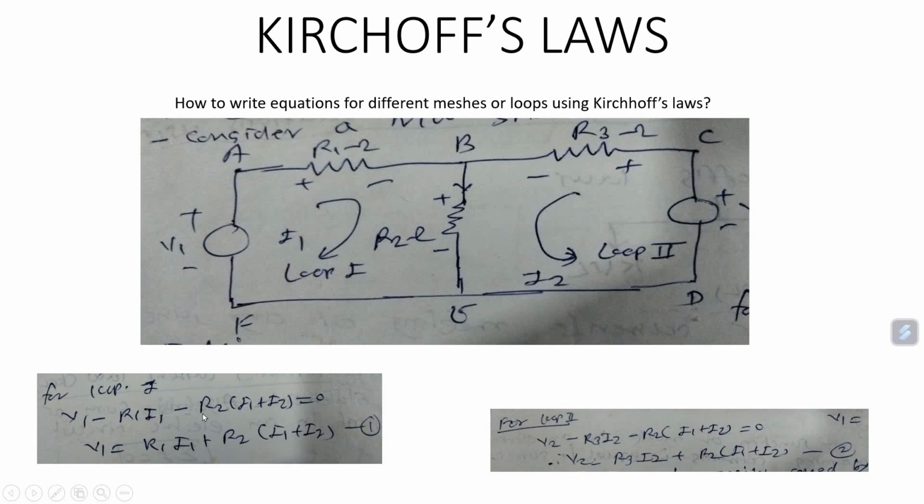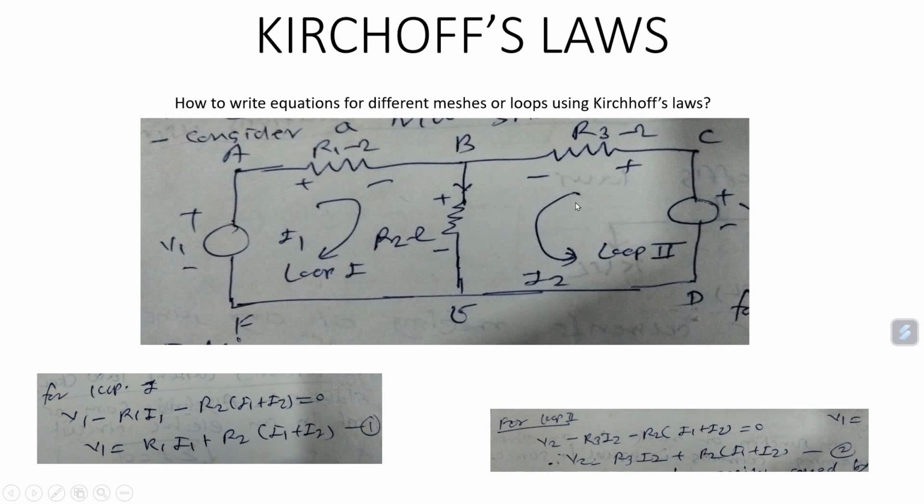That's why we'll write the voltage drop as minus R2 in bracket I1 plus I2. Now there is no additional element. That's why we'll add summation of E plus summation of IR is equal to 0. And the same equation we can write as V1 is equal to R1 I1 plus R2 in bracket I1 plus I2.